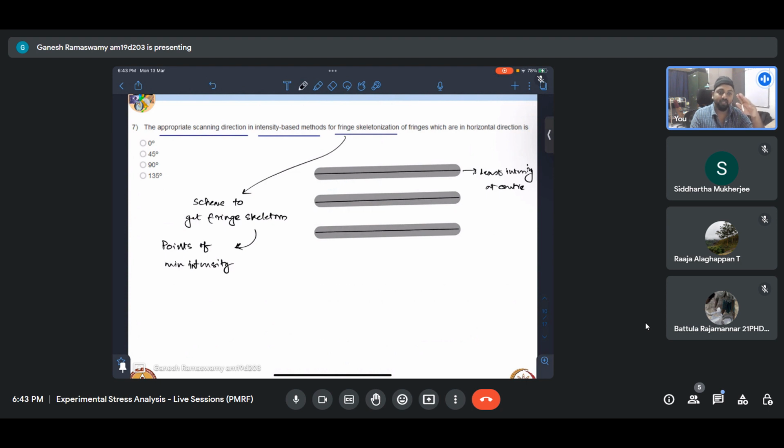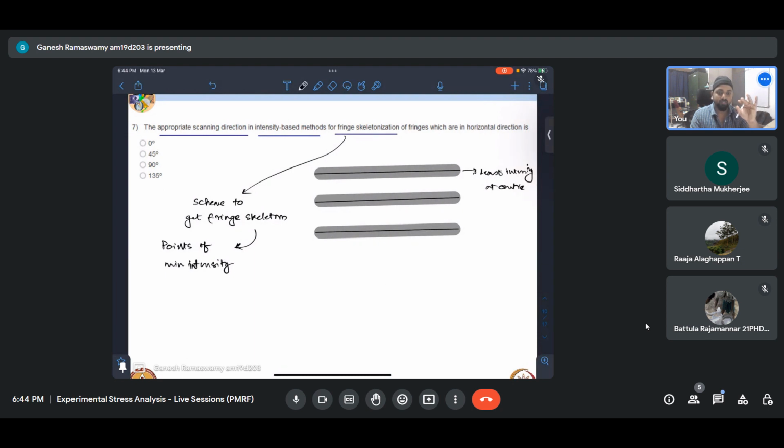At the other points, it will show some minor variation. So in order to exactly get the points where sigma 1 minus sigma 2 is constant, meaning the isochromatics, we need to first binarize the image and then we could go for some thresholding or some intensity based approach.